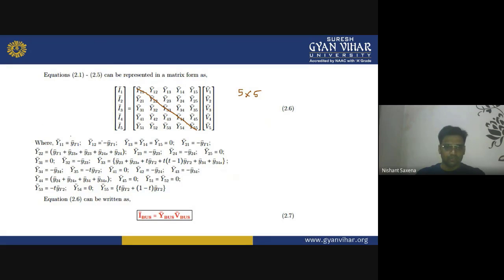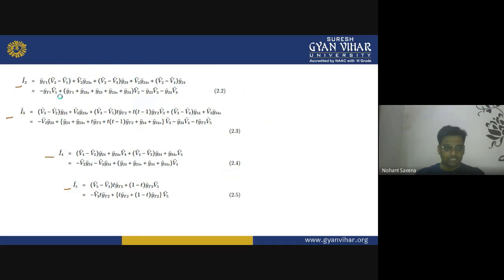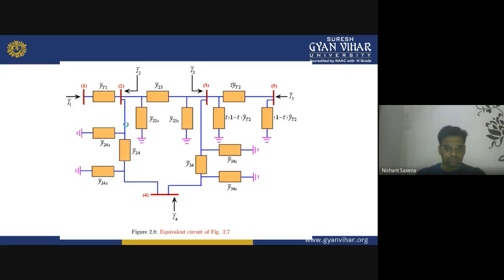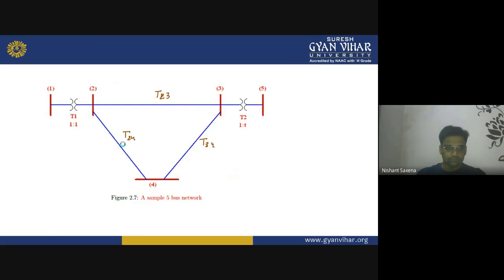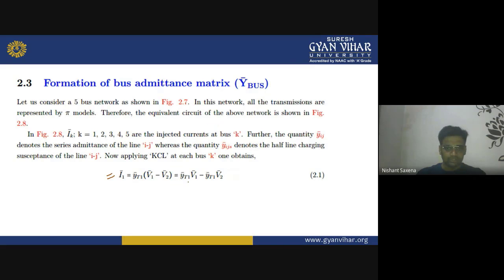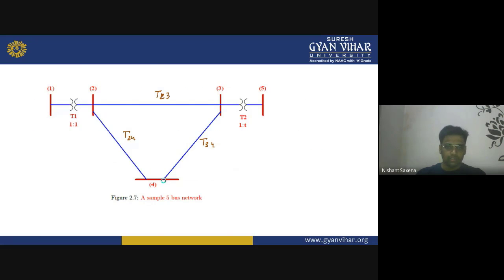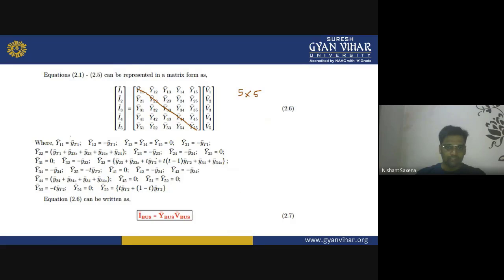Why is it coming over here? Look at this equation again. It is coming to be what? Y T1, minus of Y T1. Is this clear? When we are dealing with I1 and V2, look at this again.